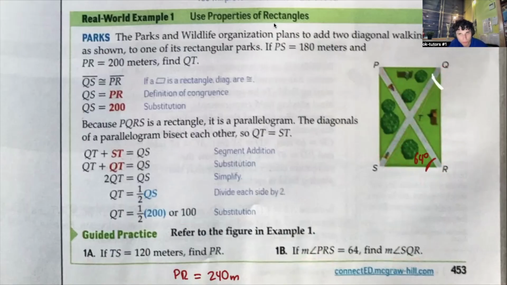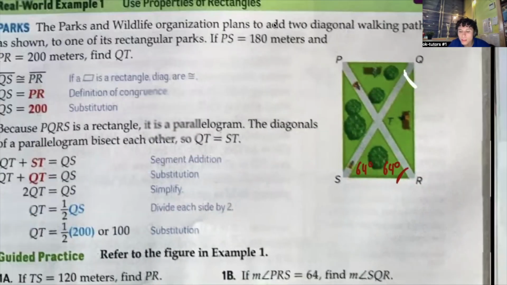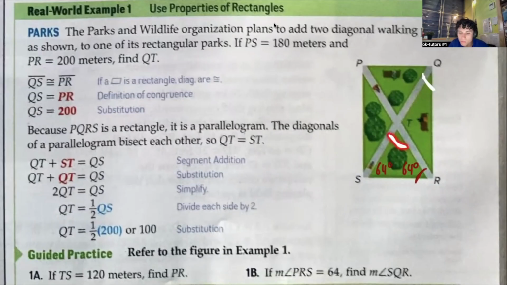This is pretty simple. If this angle is 64, that means this angle is also 64 because they're congruent. So if these two are 64, what can I do to find this angle?